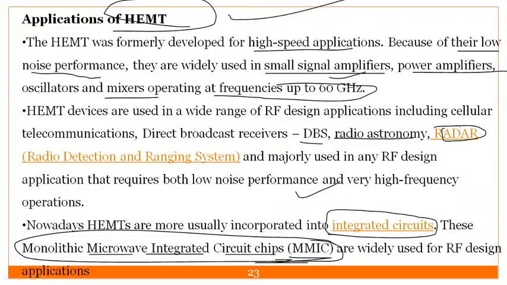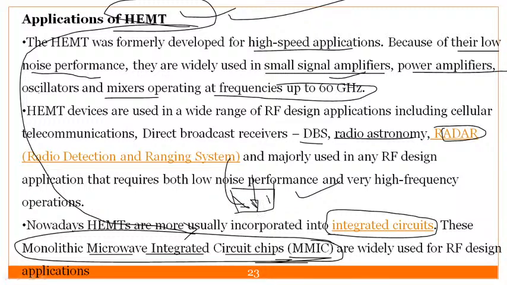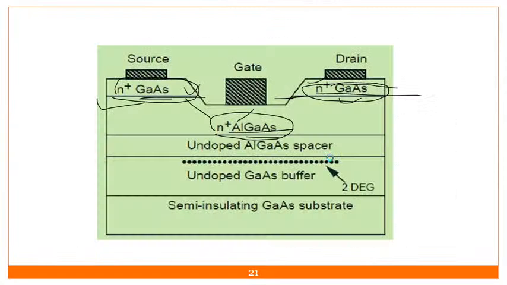But if you want to incorporate the device in an IC, it is very difficult, because ICs are small and we have to attach more and more devices in between. That difficult task is done by monolithic microwave integrated circuits. Okay, so this is all about HEMT.